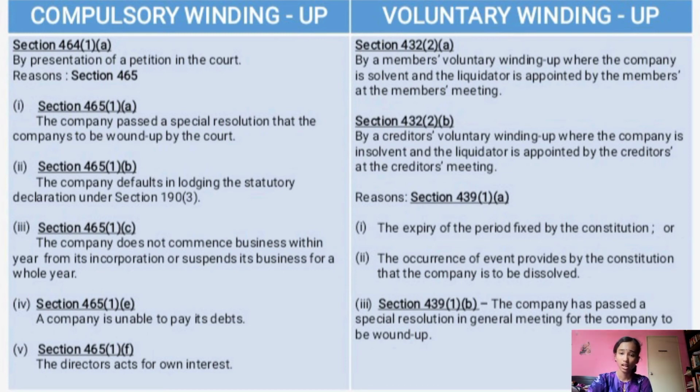For this case, I shall give you one instance. For example, a company called DAT3B was incorporated on January 1st, 2019, but there were no business activities throughout the year from January 1st, 2019 until December 31st, 2019.